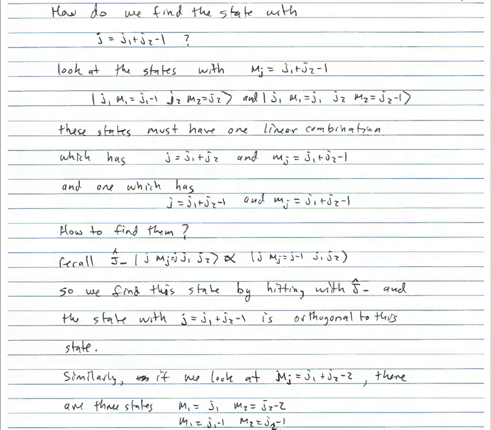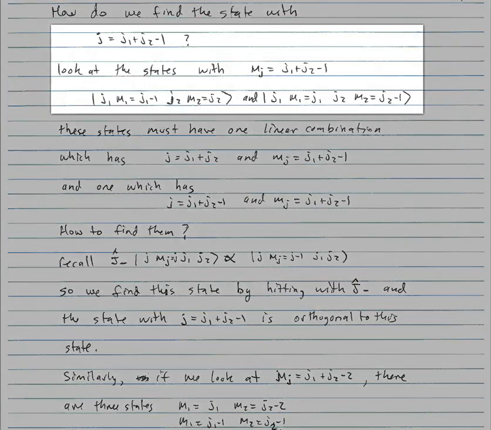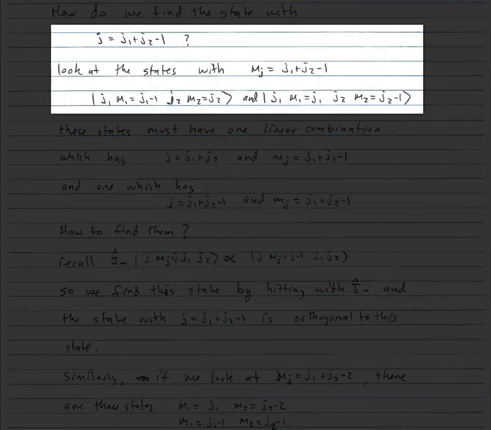How do we find the state that has j1 plus j2 minus 1? Well, let's start to look with the maximal mj states that I can have. So those would be states that have an mj equal to j1 plus j2 minus 1. Well, there are two ways I can find a state with that value of mj. I can have j1, m1 equals j1 minus 1, j2, m2 equals j2.